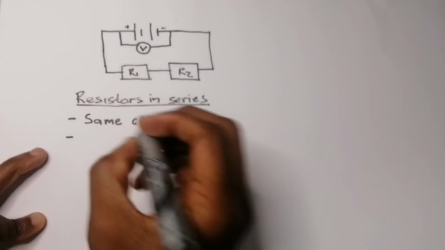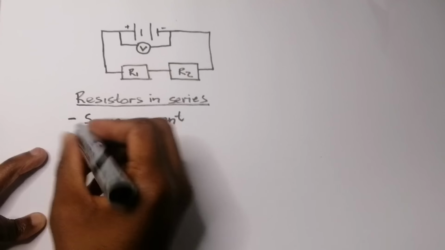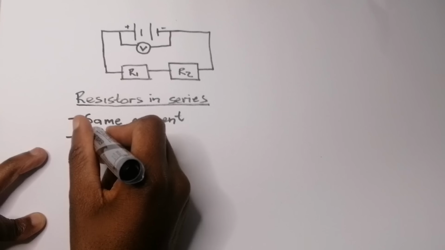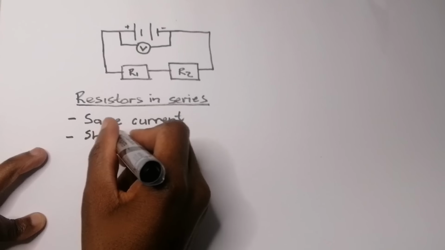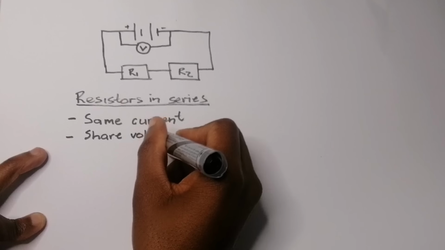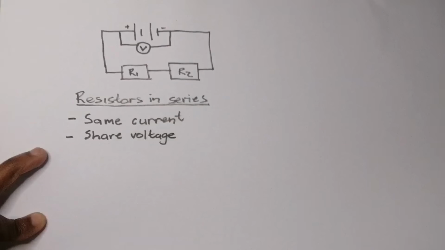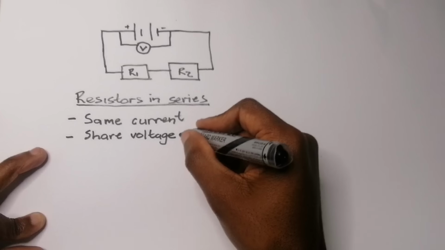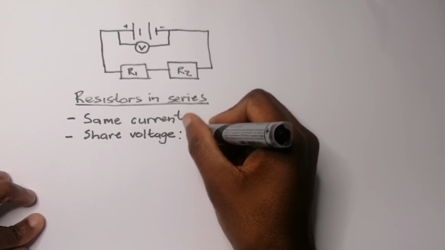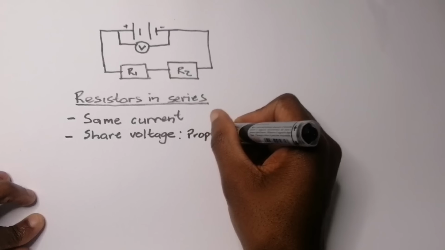So they share the voltage. We say resistors in series share the voltage or divide the voltage. And by the way, how do they divide it? We say they divide it proportionally.